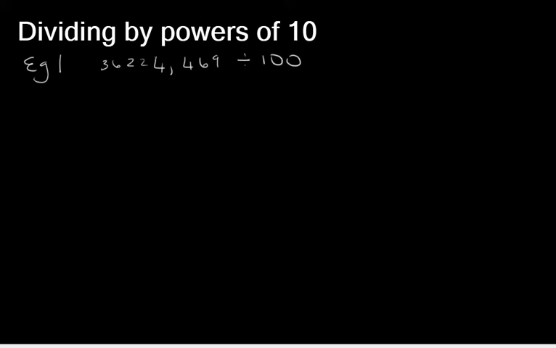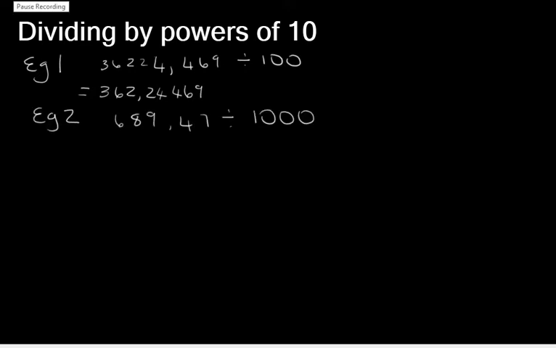We need to move this decimal point from the 4 to the first 2. That gives us 362.24469.